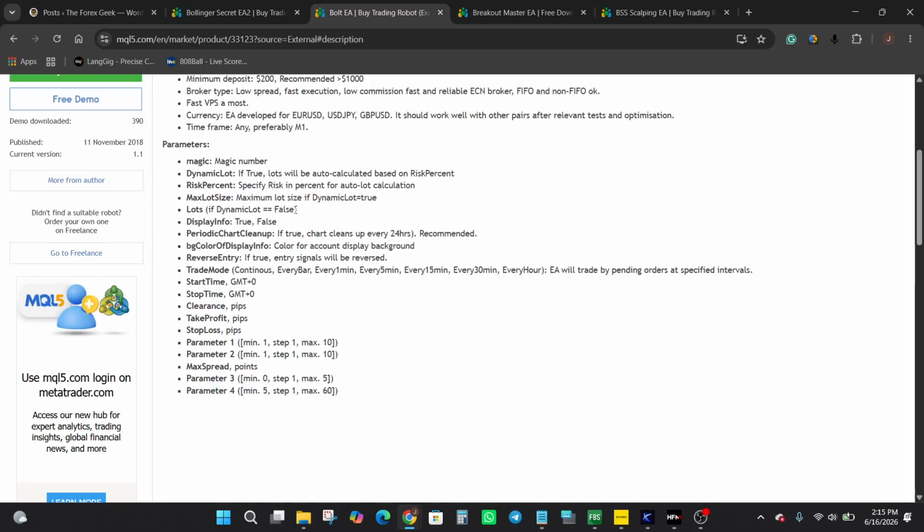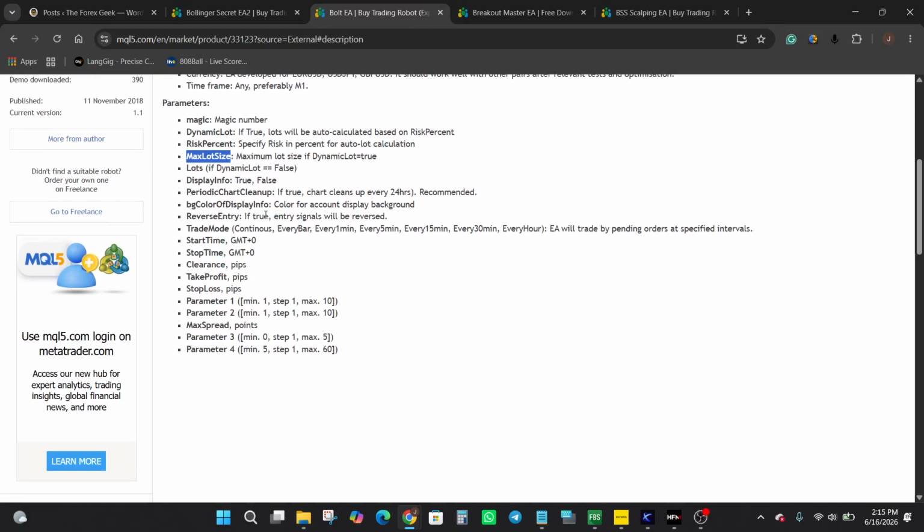There is also a max lot size parameter that limits position size when dynamic lot calculation is enabled. The EA includes start time and stop time controls, allowing users to define trading hours, along with take profit and stop loss settings.